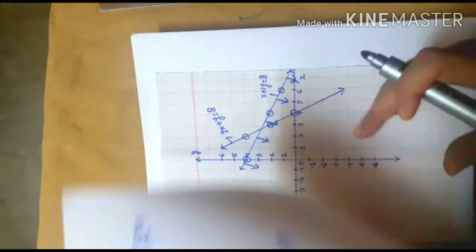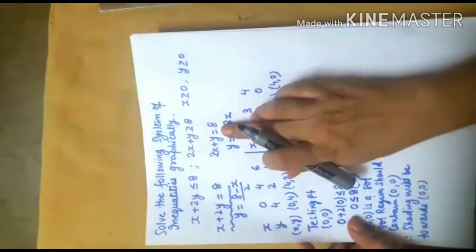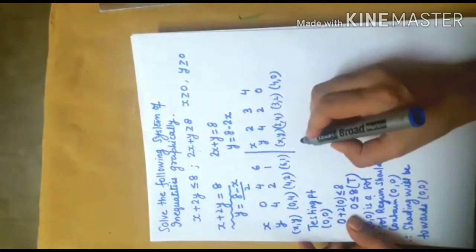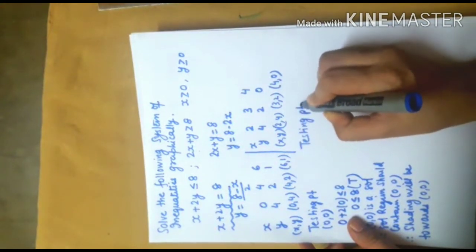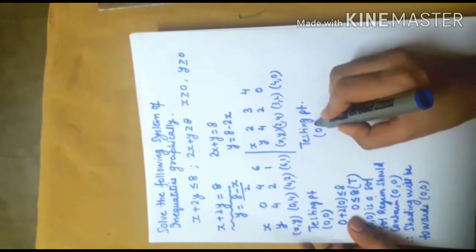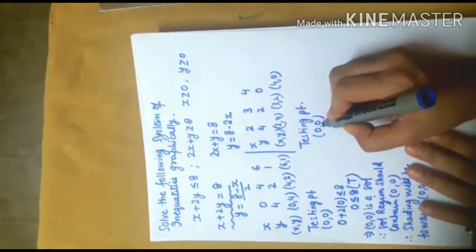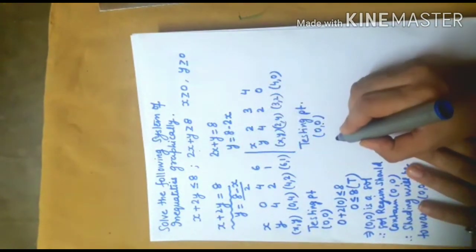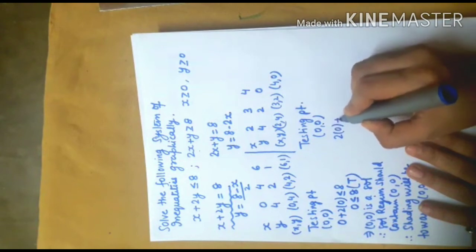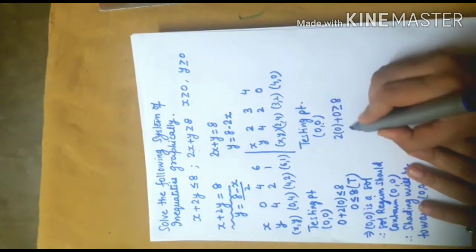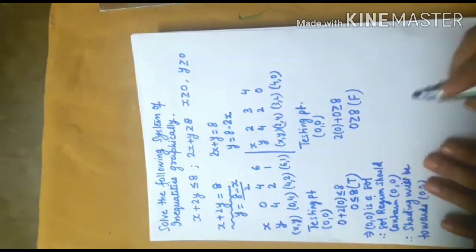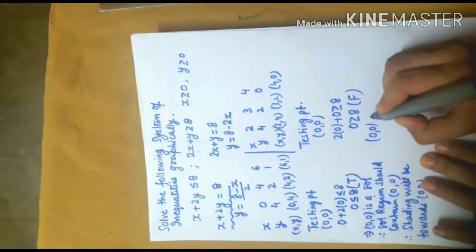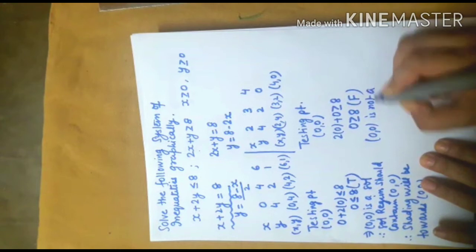Now I have to find the solution region of this inequality. So I take the testing point, which I can take 0 comma 0 because 0 comma 0 does not lie on the line. So I'll get 2 into 0 plus 0 greater than or equal to 8. 0 is greater than or equal to 8 is false. So 0 comma 0 is not a solution.